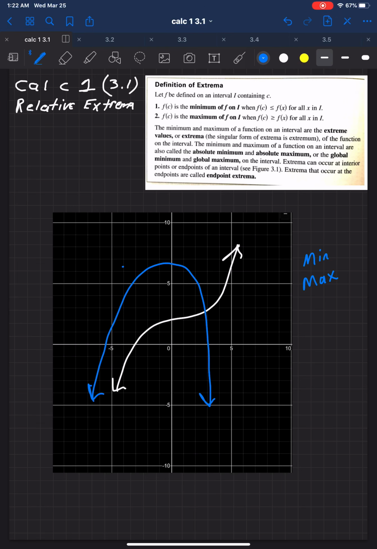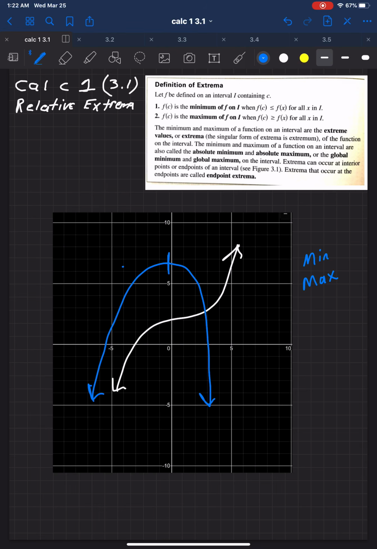Now, other questions that we might care to ask is, is the graph increasing or decreasing over some interval? For example, if you look at this random blue curve that I've drawn here, we have to be looking at this graph the same way, from left to right.